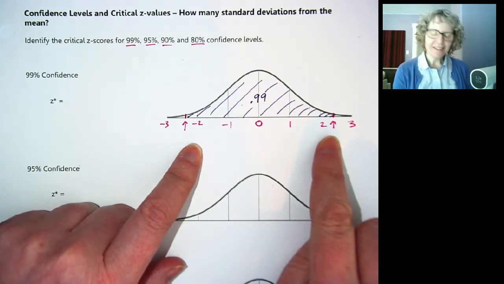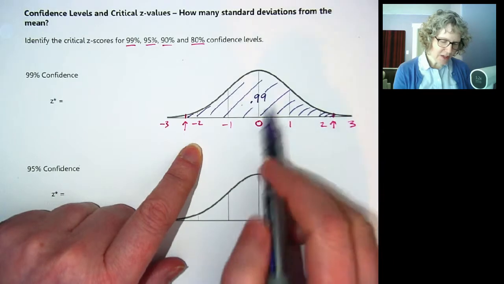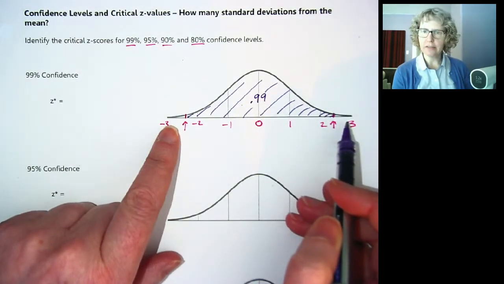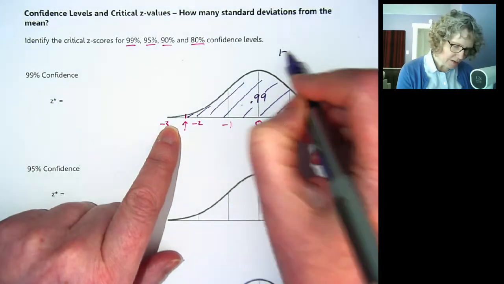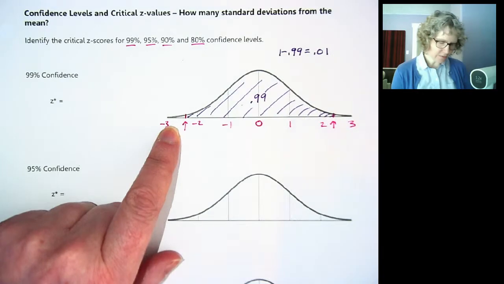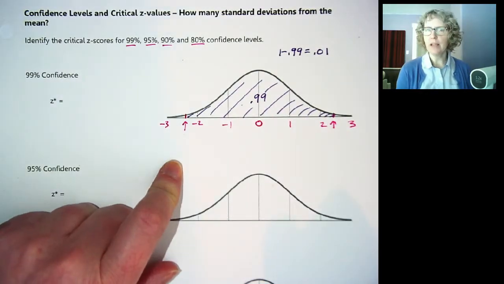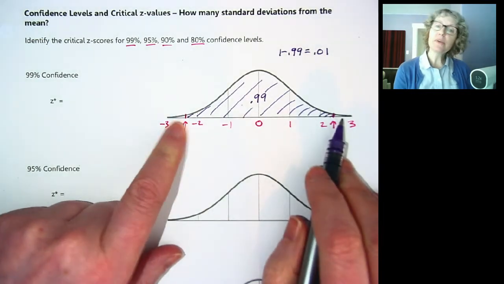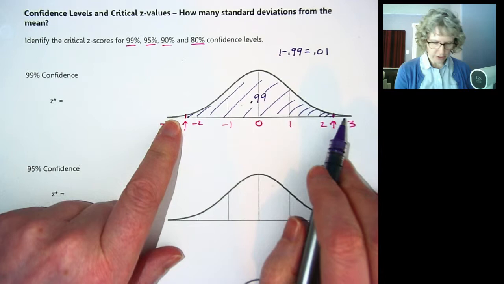Remember? If there's 99% inside, we have to figure out how much is left outside. So 1 minus 0.99. If you said 1%, you're right. 99% inside, 1% outside. Then we have to cut it in half because we have 2 sides and it's symmetric.